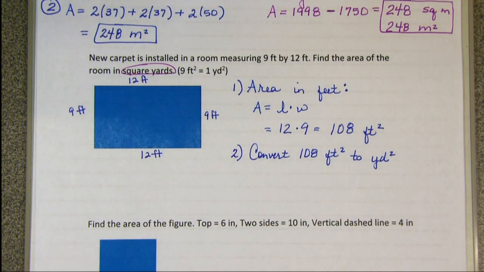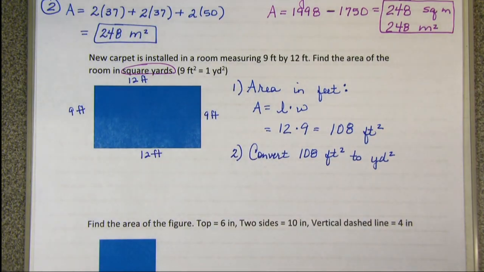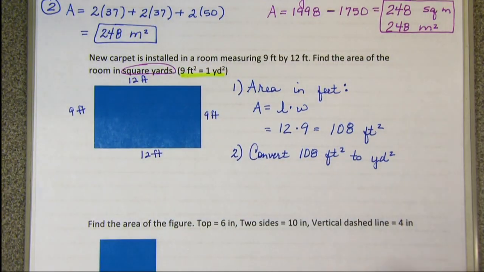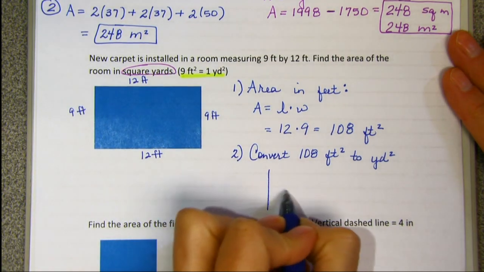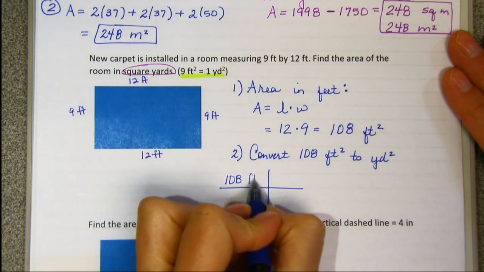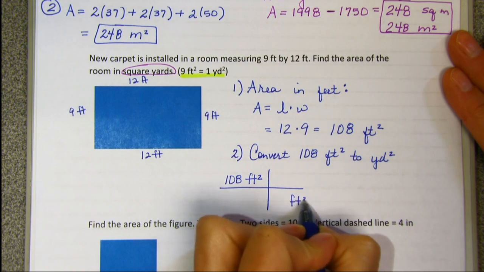Well, our formula sheet does not have the conversions for squared units. That's why they give us this right here. They're giving us the unit conversion, and you may have some of these on WebAssign. So we're starting out with 108 feet squared. If feet squared is on top, then I know feet squared goes on bottom.